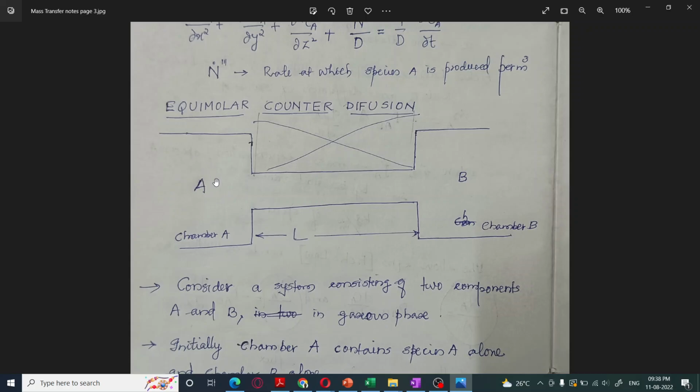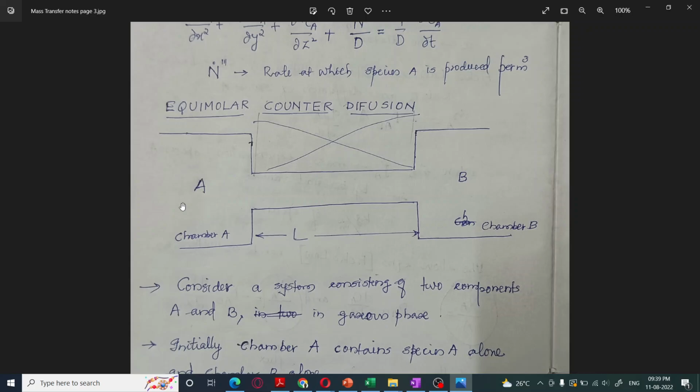When we say that the pressure of component A and pressure of species B are the same at the same temperature, we can see that the number of moles of this gaseous component A and the number of moles of the gaseous component B are the same.